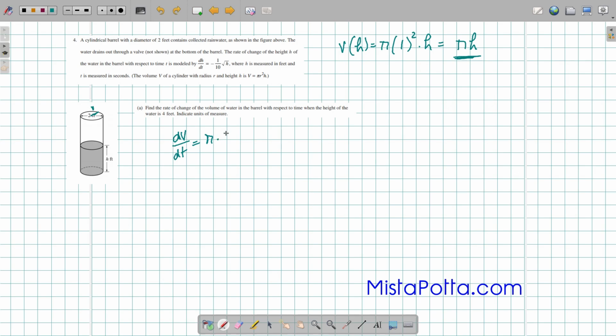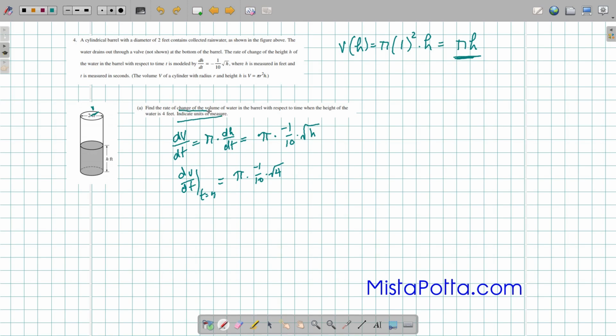The derivative of h with respect to time is dh/dt, which for me is going to be pi times -1/10 times the square root of h. And so dV/dt at h equals 4 is going to be pi times -1/10 times the square root of 4. And I have to indicate units of measure.